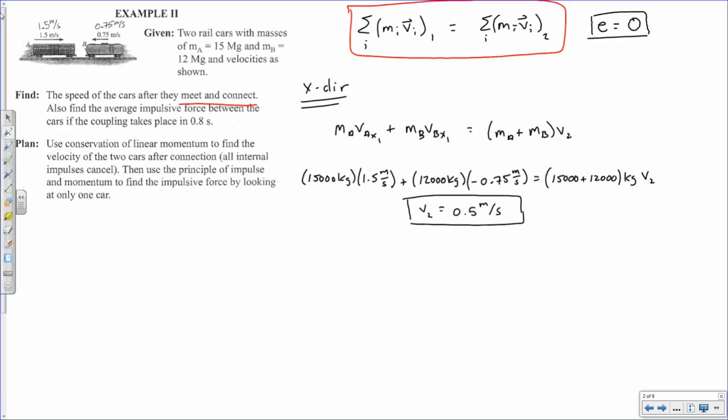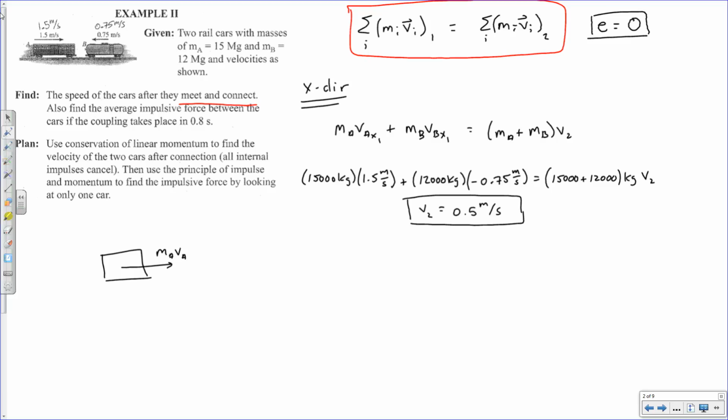Okay. The next part of this question asks us to determine the average impulsive force between the cars, assuming that the coupling process takes place over a period of time of 0.8 seconds. Well, in order to uncover information about that impulsive force, let's take a look at what's going on from object A's perspective. Well, initially, object A is traveling along with some linear momentum, mA vA1.